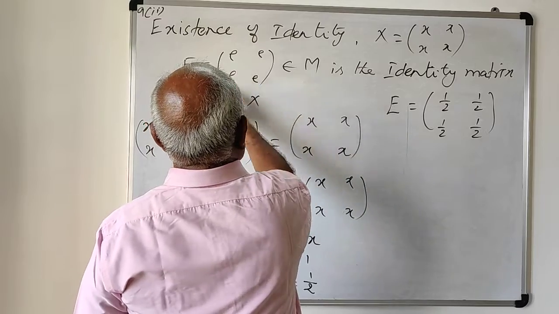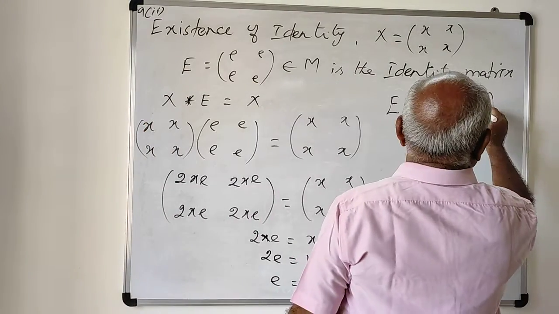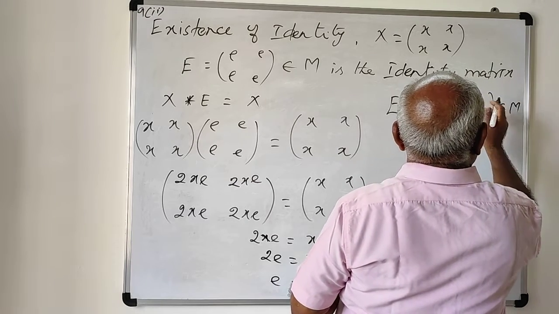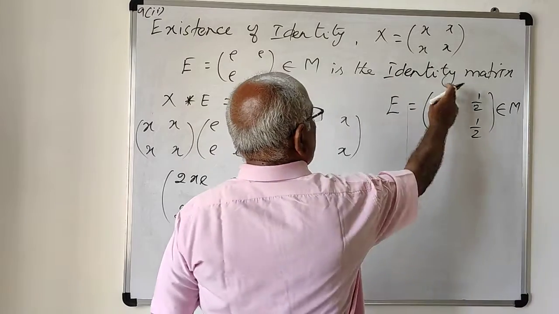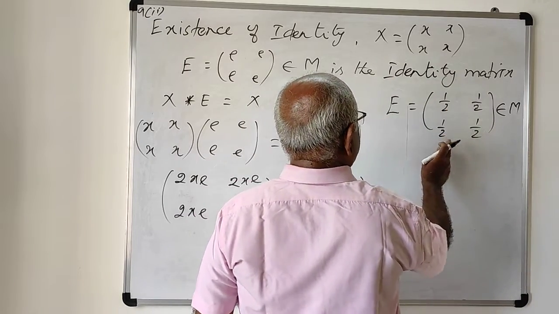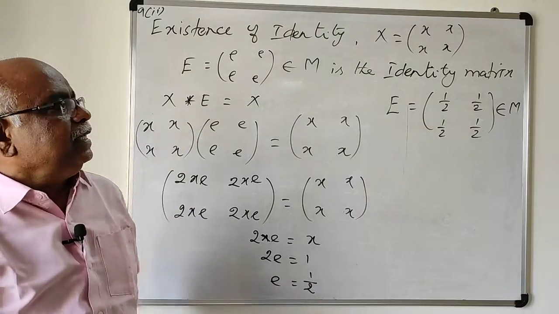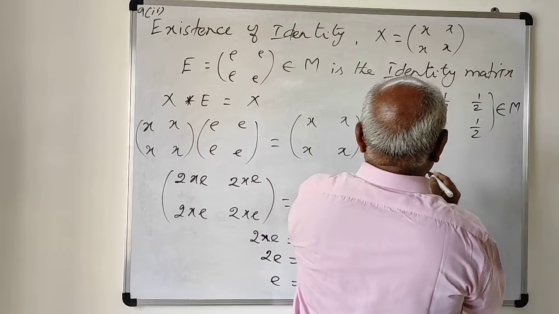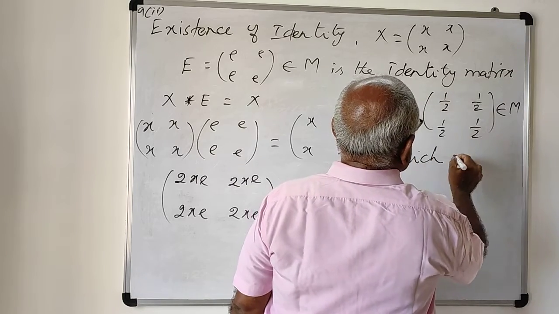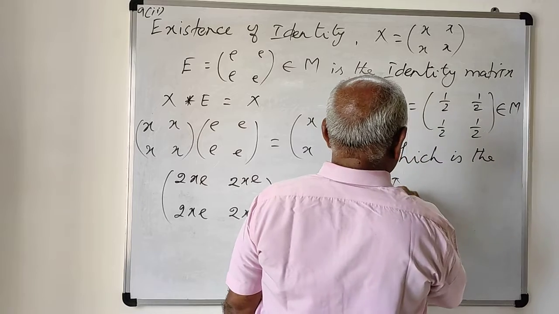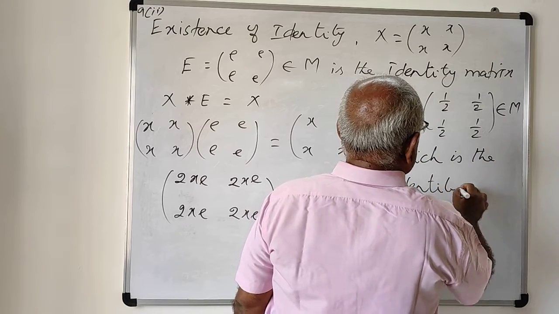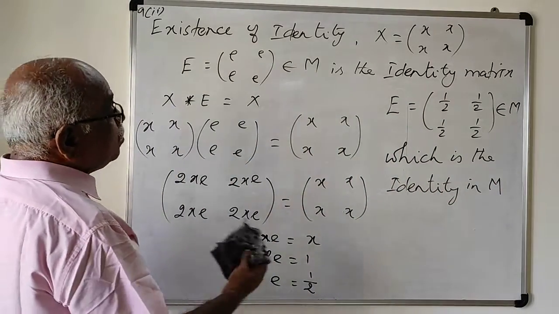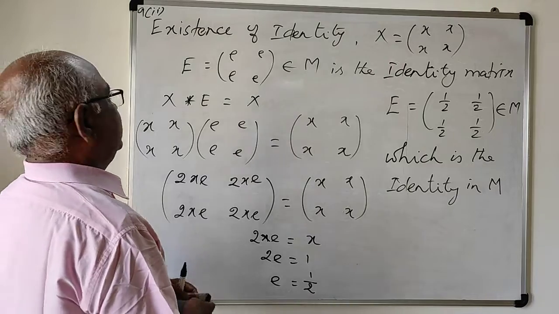Instead of writing 1 by 2 four times, I can replace it by E. It is also an element in the set M. Therefore, this matrix with entries 1 by 2 is the identity element in the given matrix set M. Identity in M.